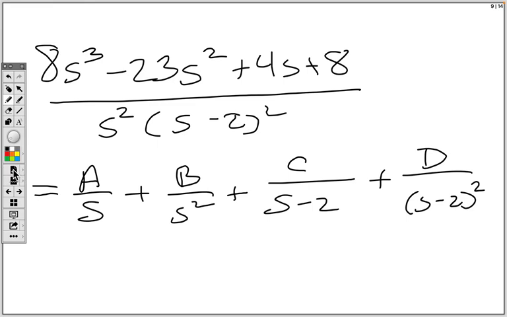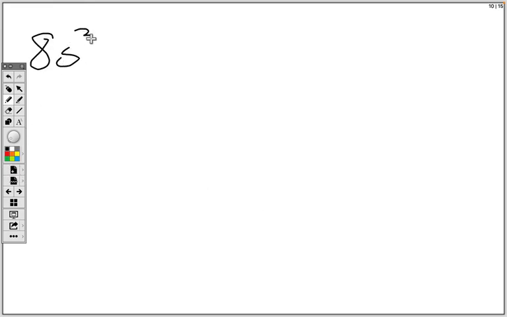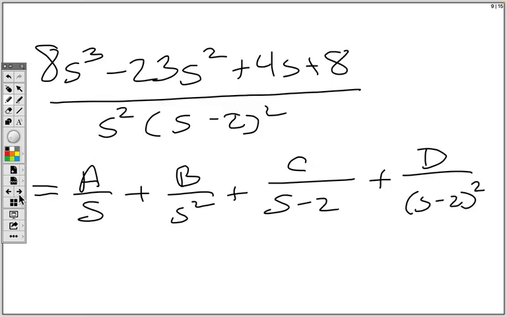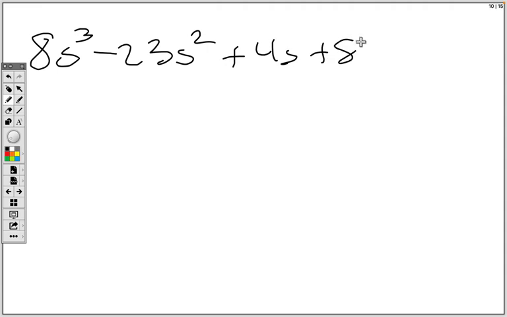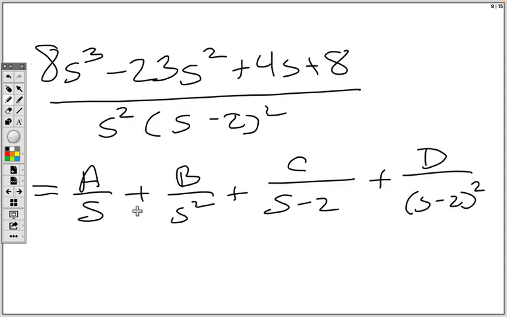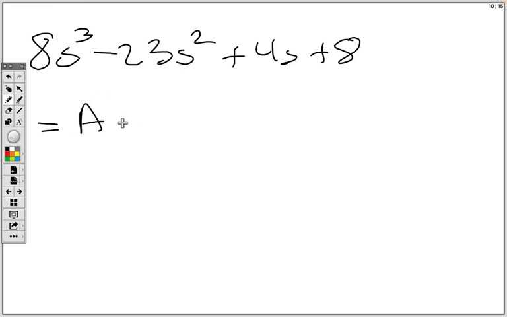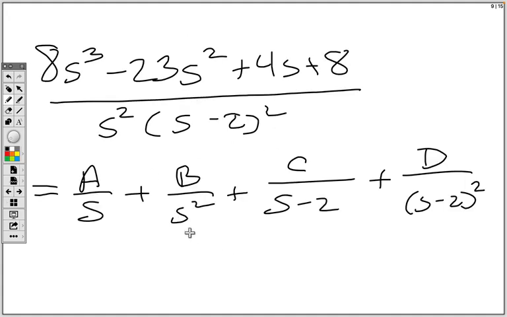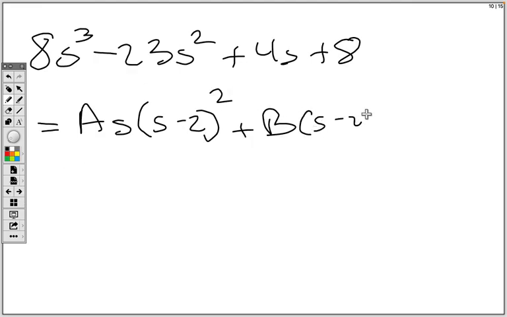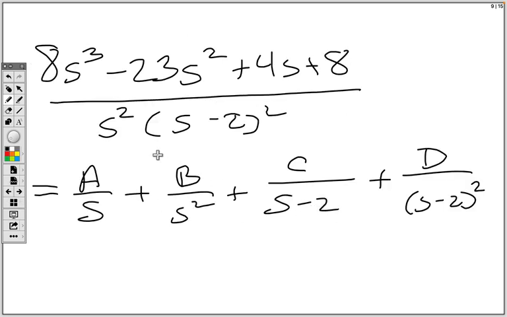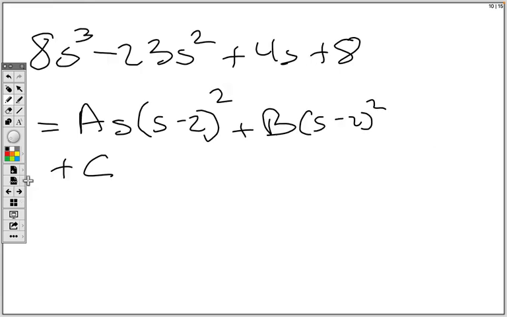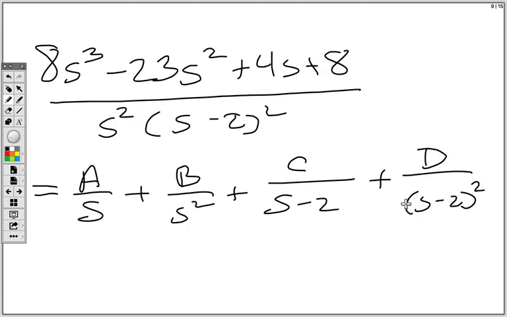Clear the denominators. 8s cubed minus 23s squared plus 4s plus 8 equals A times s minus 2 squared, plus B times s minus 2 squared, plus C times s squared times s minus 2, plus D times s squared.